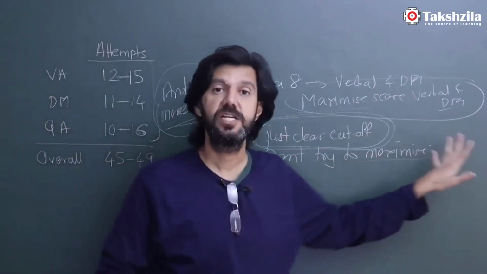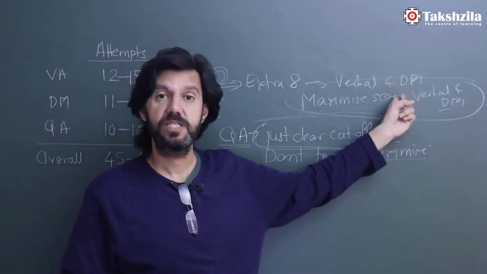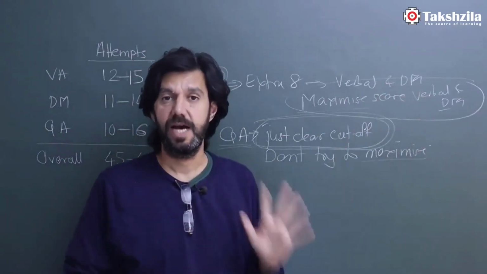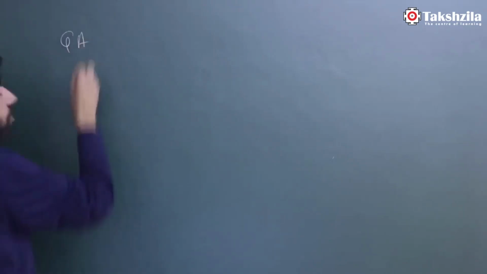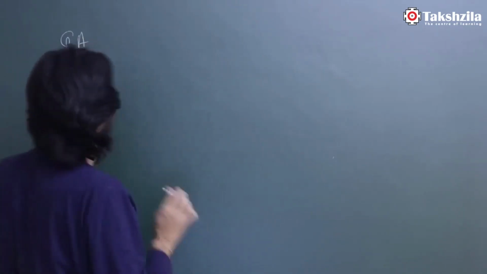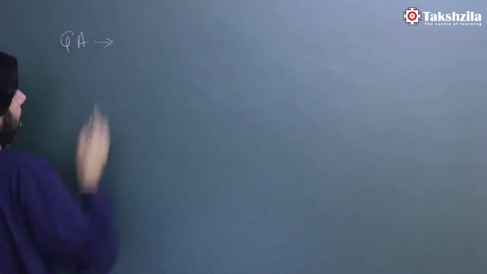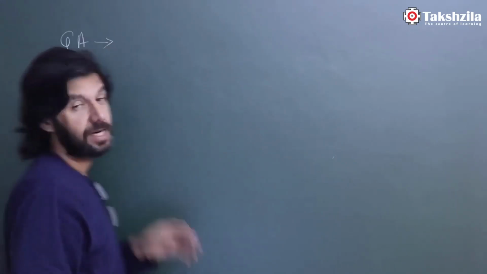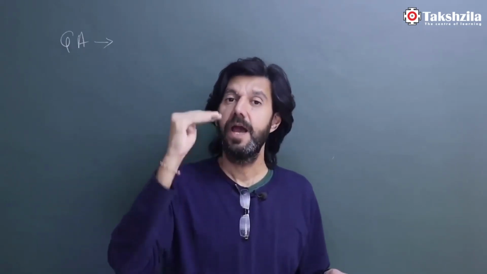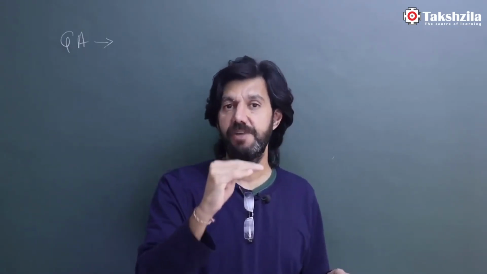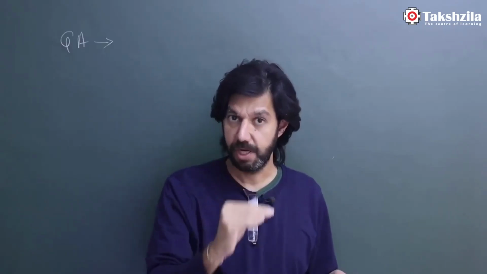Now for the rationale: why should I be focusing more on DM and verbal rather than QA? The answer lies in looking at how the QA section has been in the past. I had done a detailed breakup of the last 4 years, 17, 18, 19, 20, into different levels of difficulty of questions, levels 1, 2, 3, 4, 5.